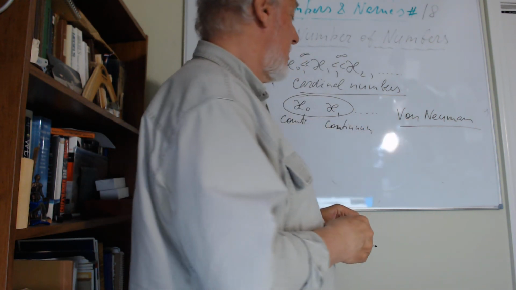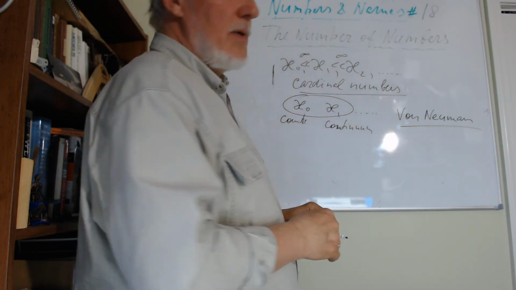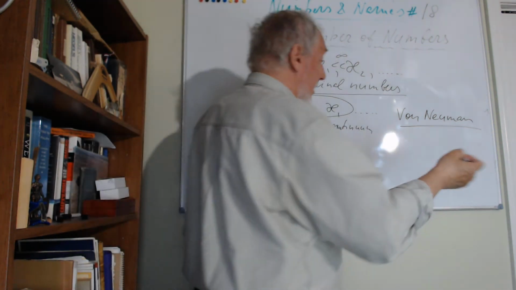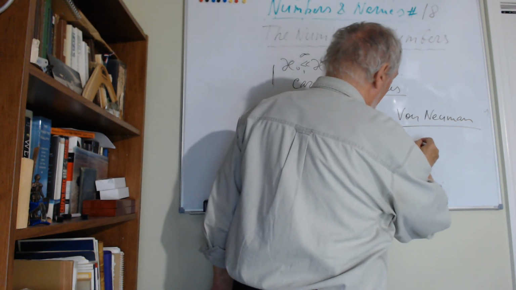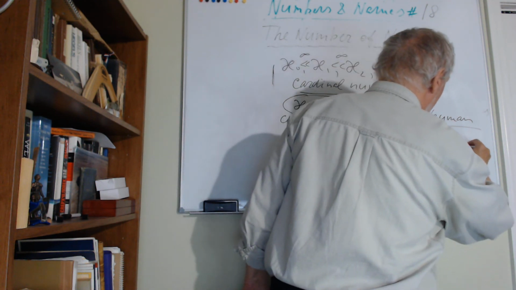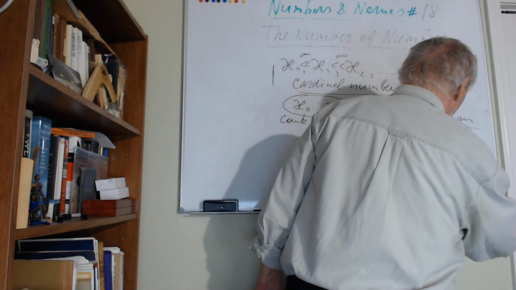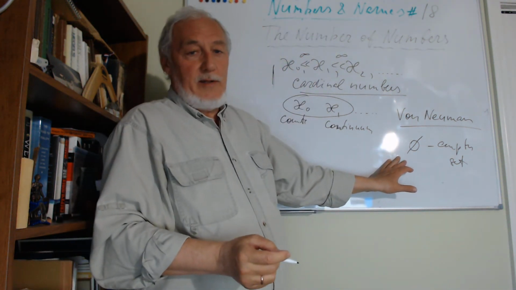So von Neumann suggested an idea of how to create these cardinal numbers, and the interesting thing about it is that he created all these sets of numbers out of one thing, which is called the empty set. Empty set is a set which does not have anything.